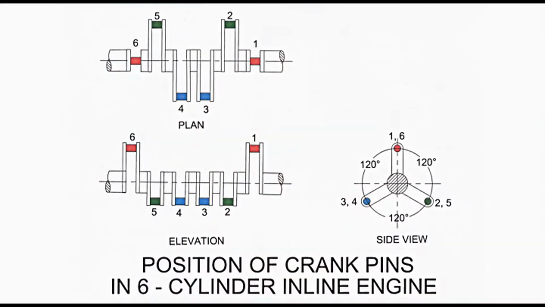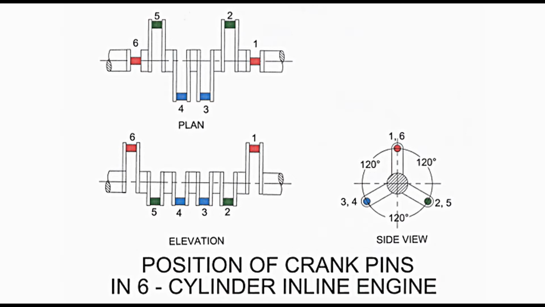The crankshaft revolution of 360 degrees is uniformly divided. So, these pairs are placed 120 degrees apart. Referring to the diagram, it has 3 views, namely elevation, plan and side view. As can be seen, the cylinders are designated from 1 to 6.